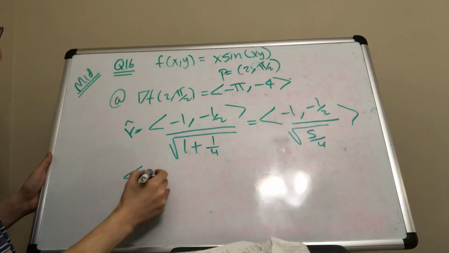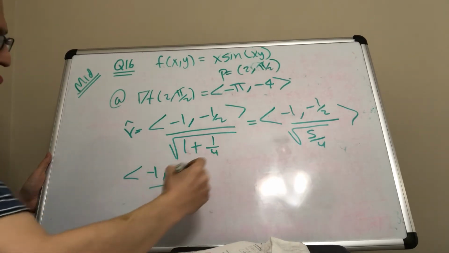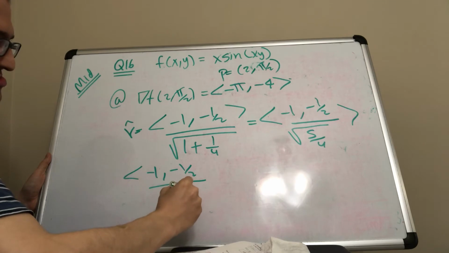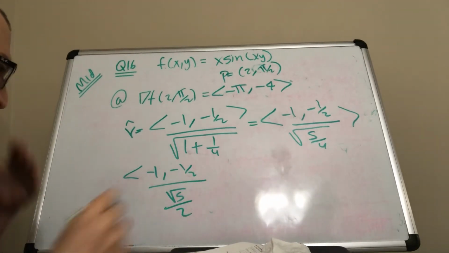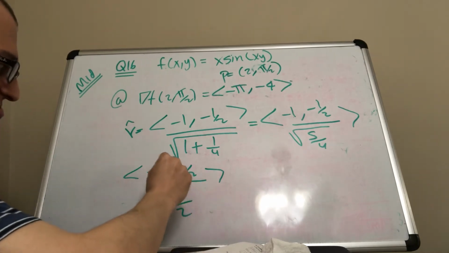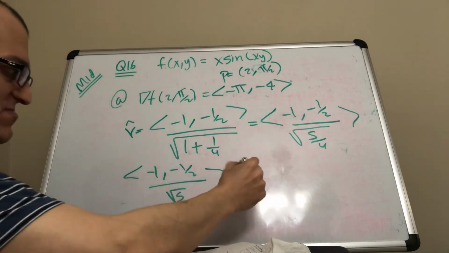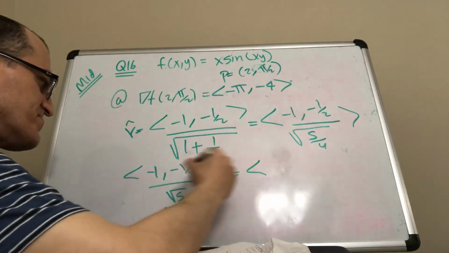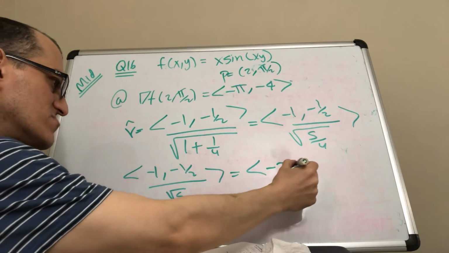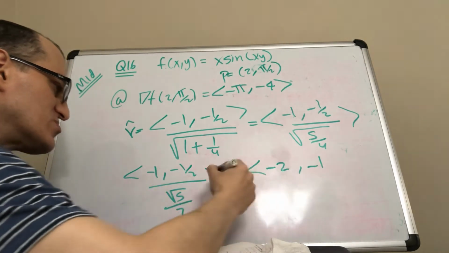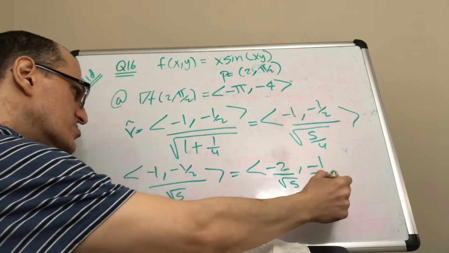So this is like negative 1, negative half. Root 5 over 4 would be root 5, and root 4 is 2. So basically, if you have this divided by half, you're just like multiplying by 2. So to cancel this, you can just multiply this by 2. This is minus 2 over root 5, minus 1 over root 5.